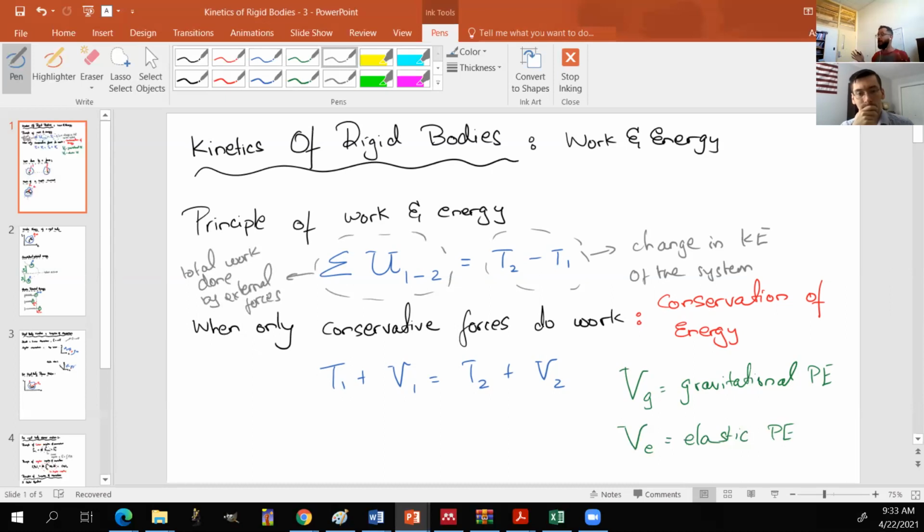All right. And when you have only conservative forces that are doing work, basically when there's no friction, you have conservation of energy. And again, the same principle applies. The nuances lie in how these terms change when we're looking at rigid body motion. So to just put a cap on that, this term is equal to the kinetic energy, so that's the T's.